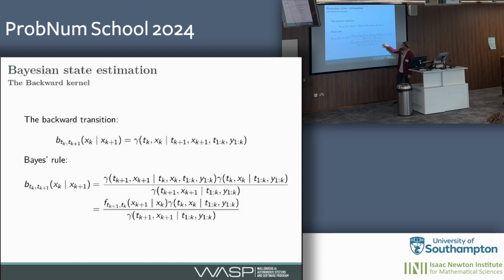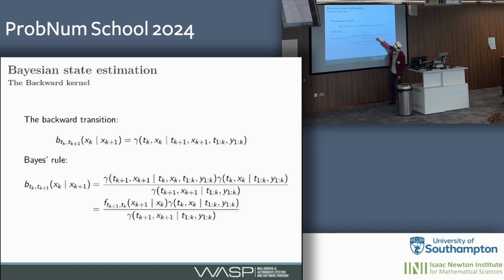So this is just Bayes' rule. This is just the joint density, and then this is just the marginal density, and I divide by that. But this thing is the one step ahead prediction given xk, but that's just the filtering marginal of k times the transition density.